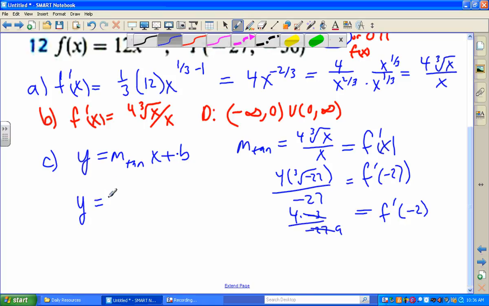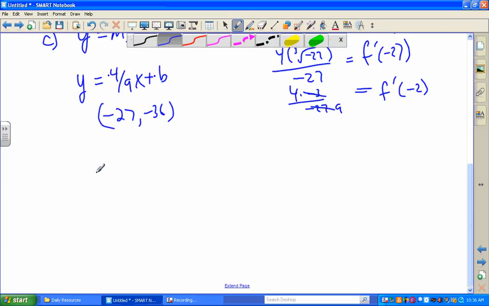So y equals 4/9 x plus b. The point I'm using is negative 27, negative 36. So I put that into the equation. Negative 36 equals 4/9 times negative 27 plus b. That gives me the negative 12.